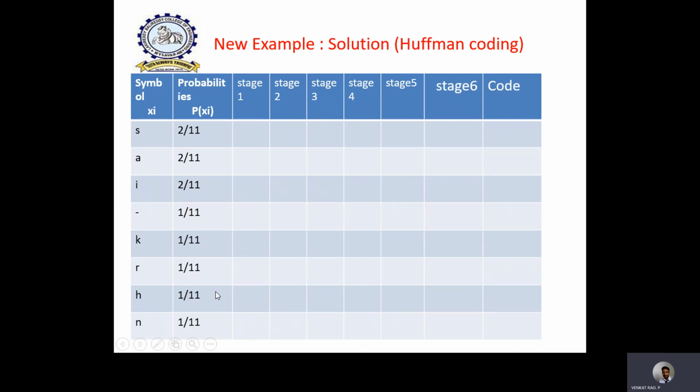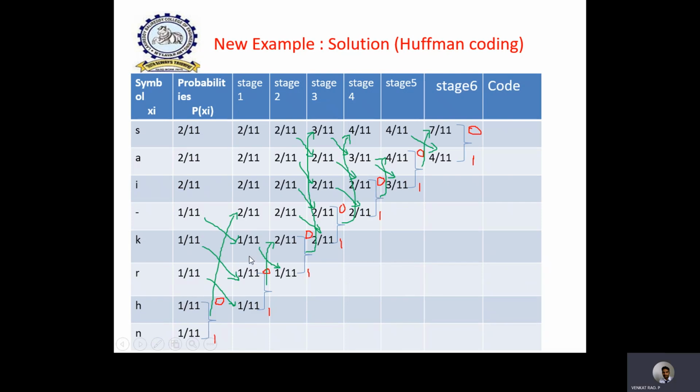The total sum of these 2 probabilities will be again rearranged in the decreasing order of their probabilities in the second stage. So like this it will be repeated. So assign 0 and 1 to these 2 probabilities. So if you add these 2, the sum will be 2 by 11. So that 2 by 11 again must be rearranged here. How is it rearranged?